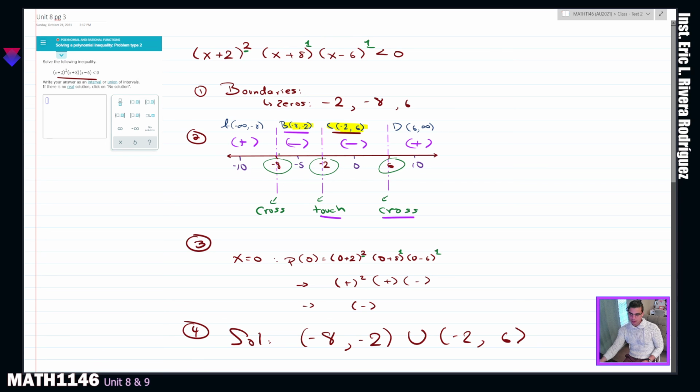See how I solved this exercise very quickly in the minimum number of steps. This is what you want to do on the quiz and the test. Remember that if you are using the x-intercept behavior, put something on the paper that tells me that you are using it. If not, you need to do the evaluation for each of the regions.